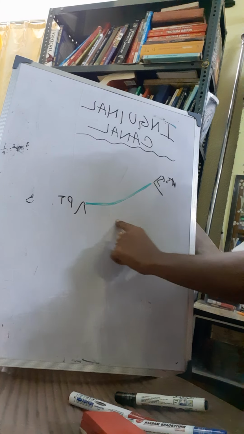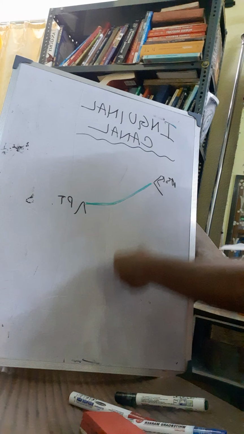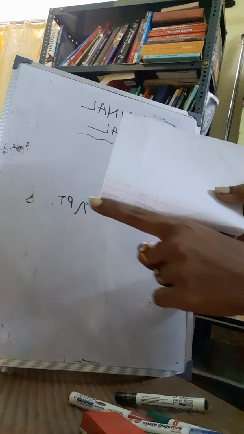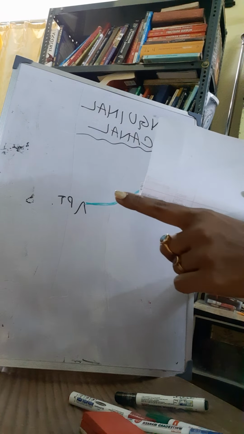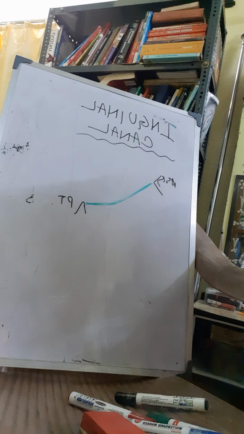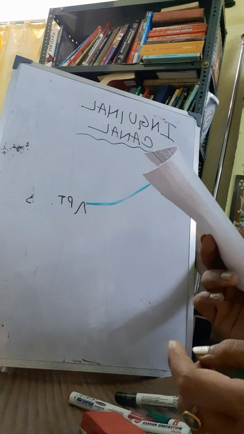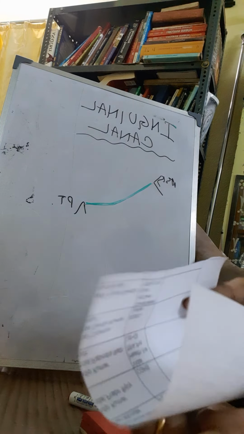Why is this convex downward? This is due to the pull of the fascia lata, because the fascia lata, that is the deep fascia of the thigh, is attached at the lower margin of this inguinal ligament. So, other than this, what are the other structures which are attached to the inguinal ligament?